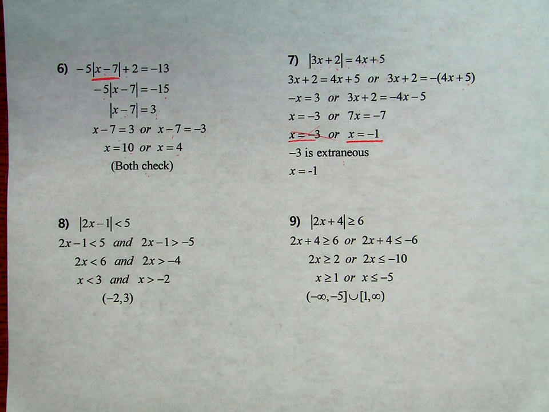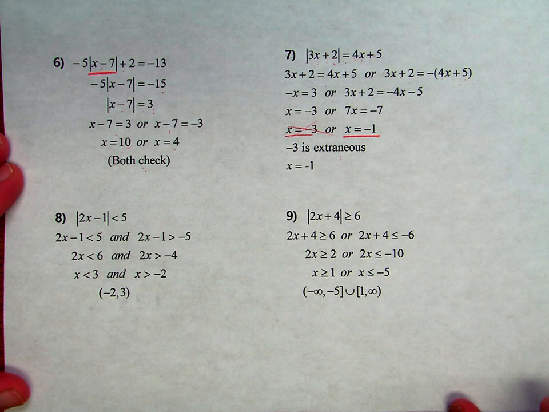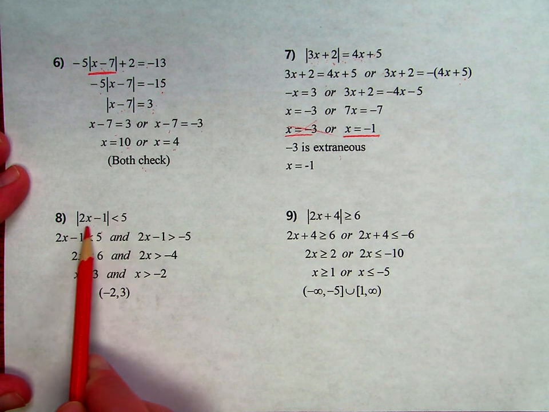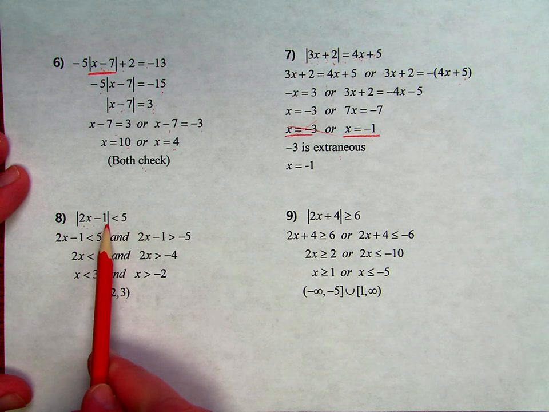All right, next step up the food chain here. Now we're mixing in absolute value with inequalities. Whether it's an absolute value equation or an absolute value inequality, the first move is you have to isolate that absolute value. In this case, it's already isolated.